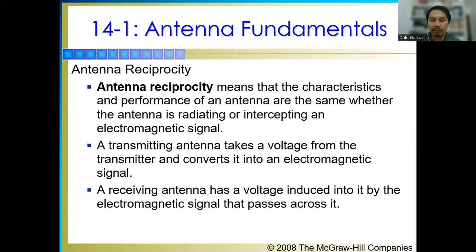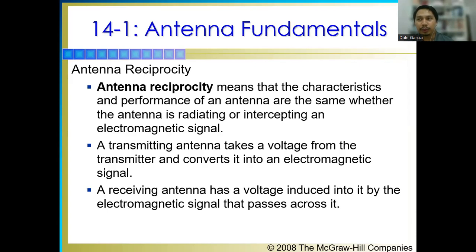So reciprocity, what does this mean? Reciprocity means that I think all antennas are reciprocal ideally. What this means is an antenna used to transmit a signal could also be used to receive that same signal.